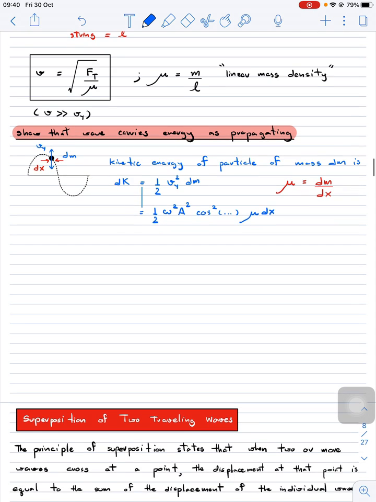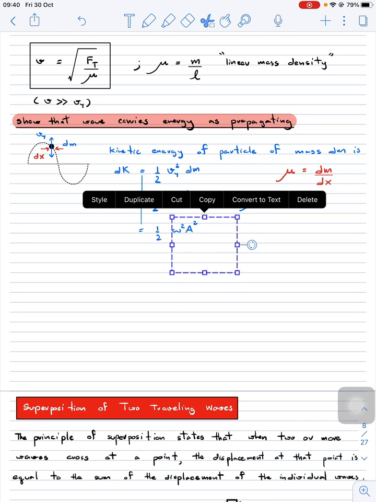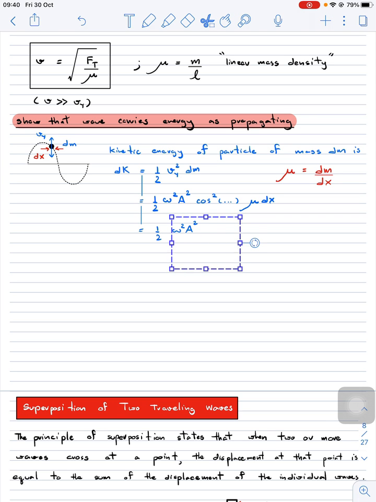Okay, so now let me rearrange the equation again to be the 1/2 omega square times the a square, and then times the mu. Let me put the mu in front of here. Okay, and then times the cosine square blah blah blah.